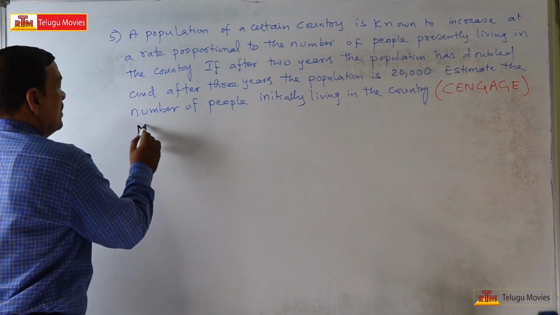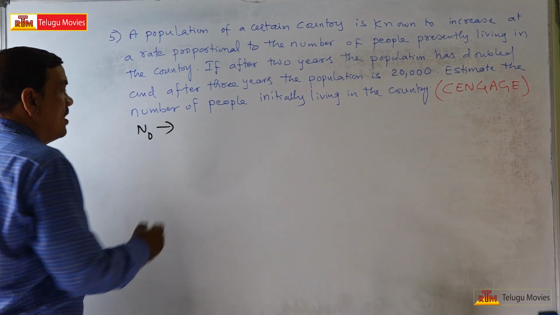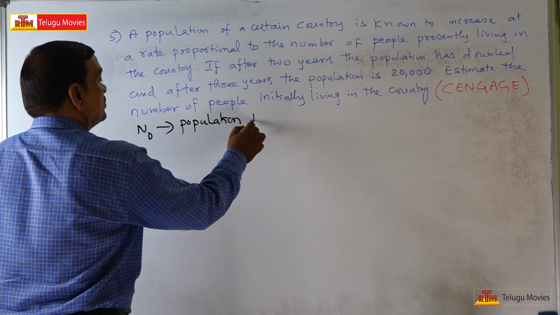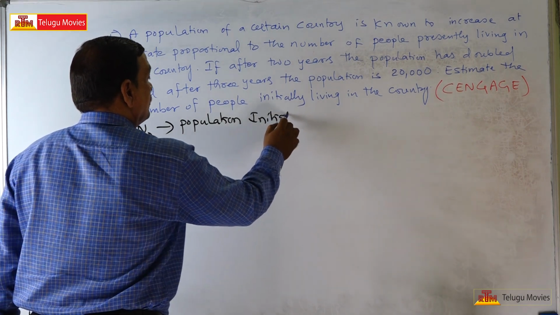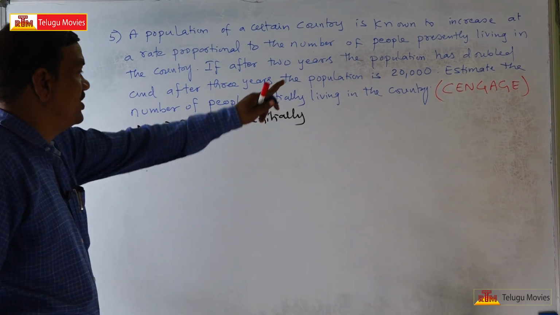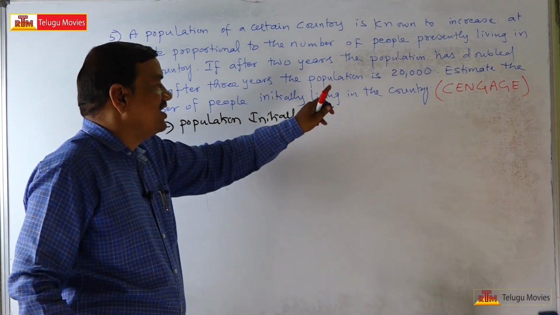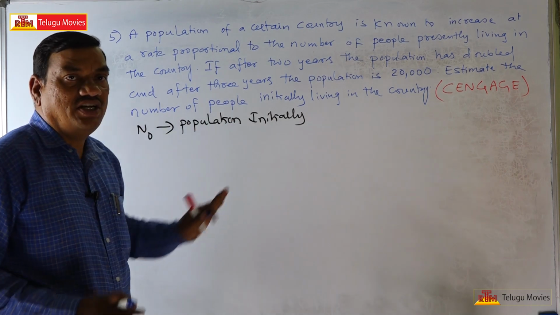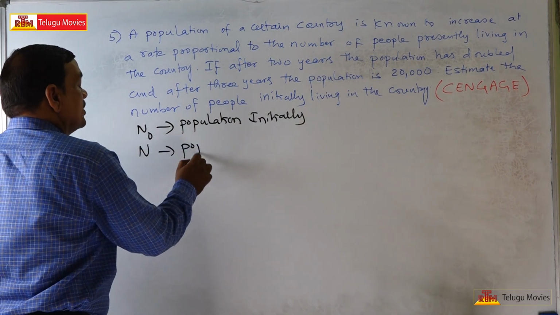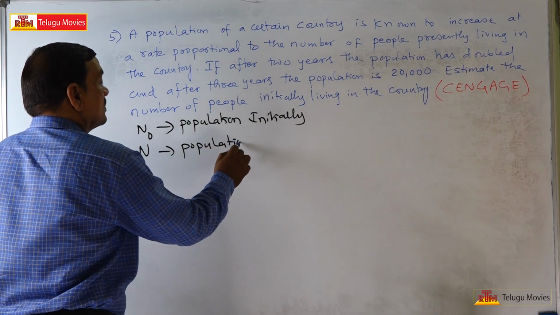Let N naught be the population initially, the starting population. That N naught value only you have to find out. Estimate the number of people initially living. So let us take N as the population at any time.